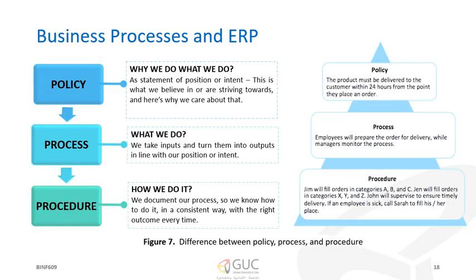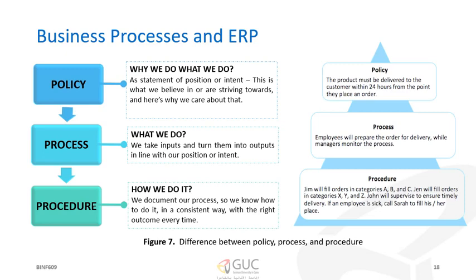Policy is the overall guidelines. It shows why we do what we do. It is a statement of position or intent: this is what we believe in, and here's why we care about that. For example, as shown in the figure, the goal of the company is to deliver the product within 24 hours.